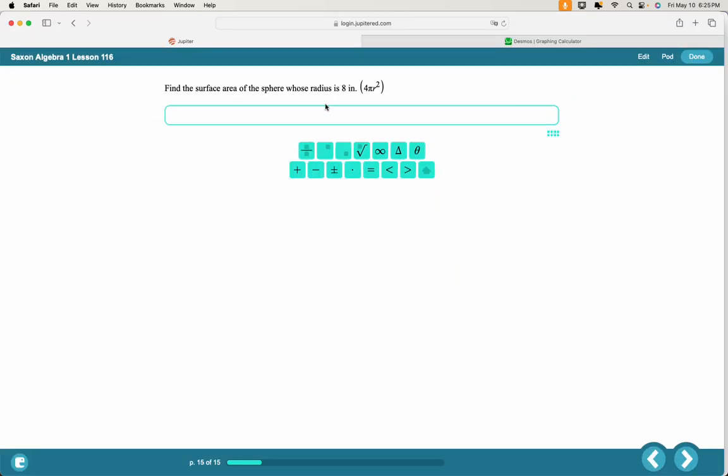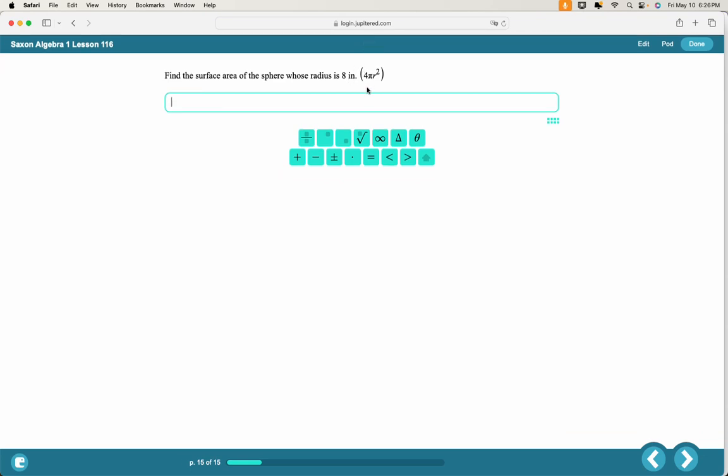Yes, all right. So this one says to find the surface area of the sphere whose radius is 8 inches, and it gives you the formula, 4 pi r squared. So you don't have to guess, right? So we're just going to use this formula with this radius in order to find the surface area.